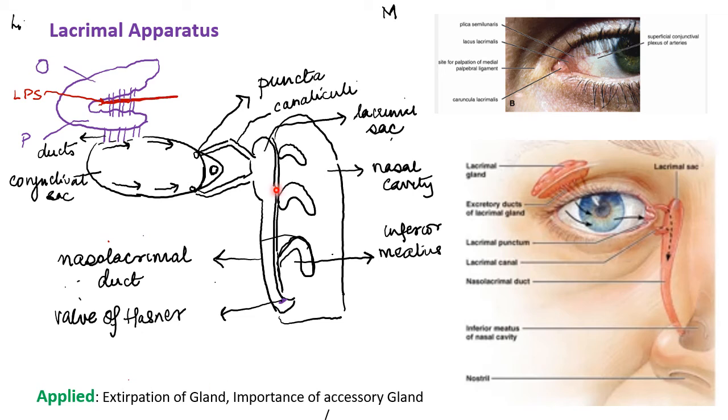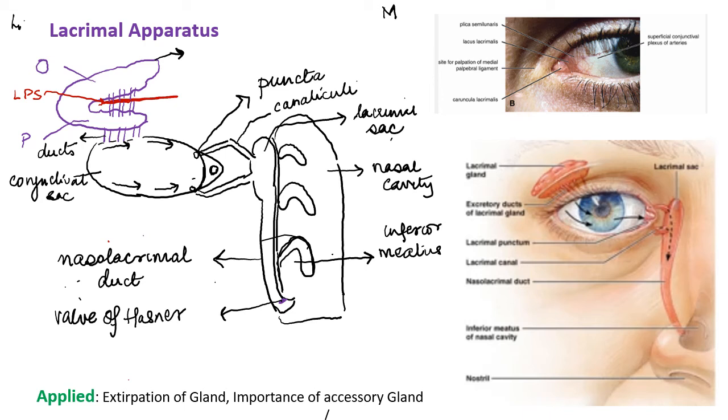The nasolacrimal duct opens in the inferior meatus of the nasal cavity. So the production is by the lacrimal gland, whereas the drainage part includes these ducts, then the conjunctival sac, the puncta, canaliculi, the lacrimal sac, and the nasolacrimal duct.